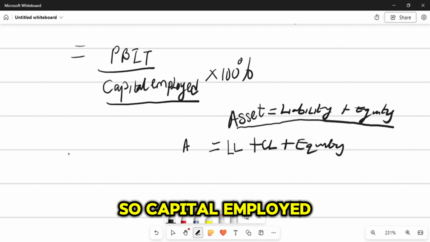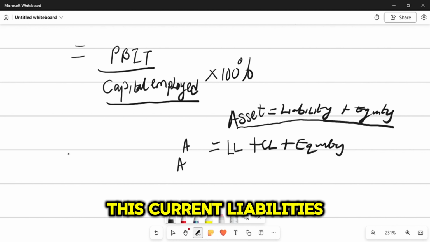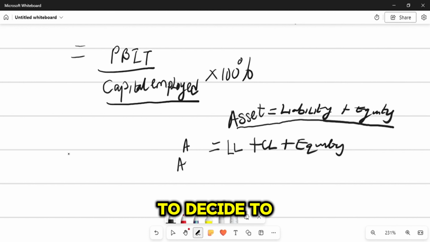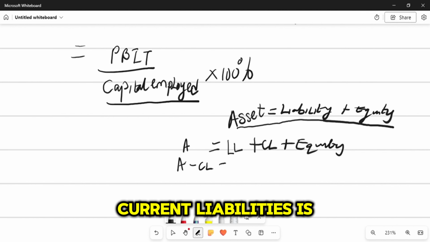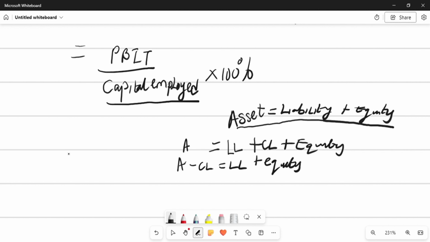Capital employed involves all the capital that is not due in the short term. So now you're going to move the current liabilities to this side. So assets minus current liabilities is equal to long-term liabilities plus equity. Right.